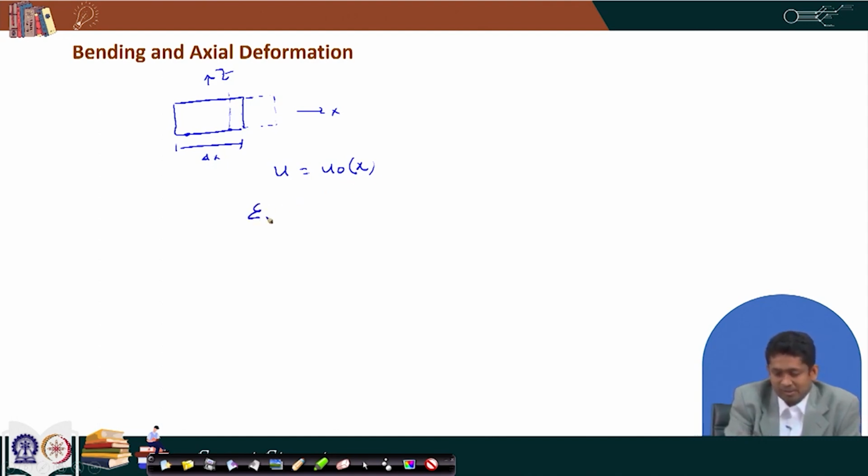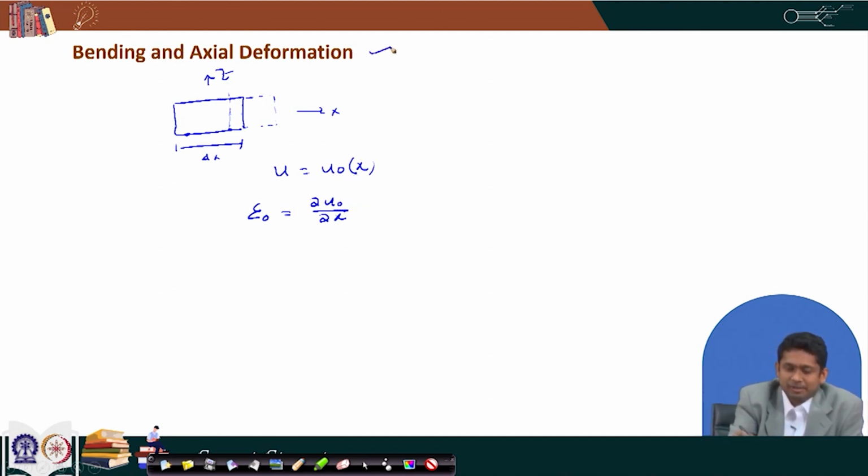So, normal strain epsilon 0 due to only expansion is del u 0 by del x, which is when there is only expansion or contraction, a pure axial displacement.